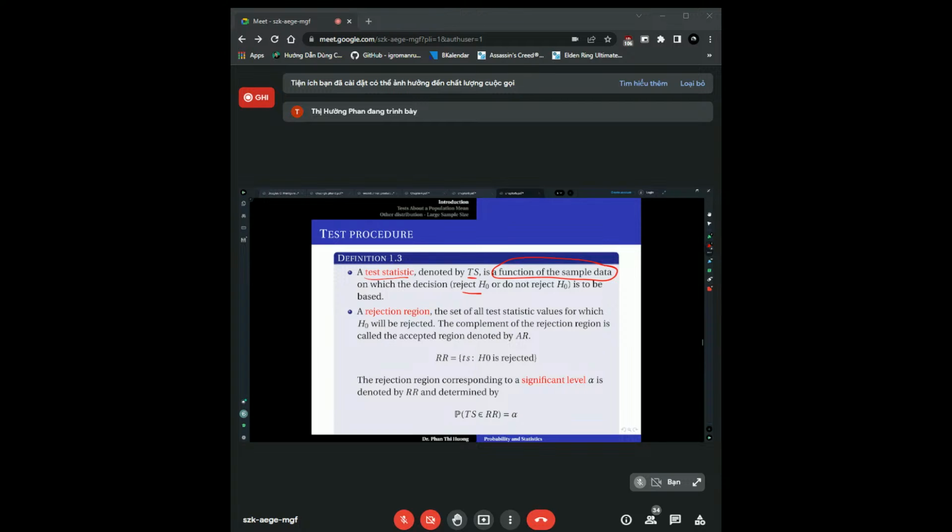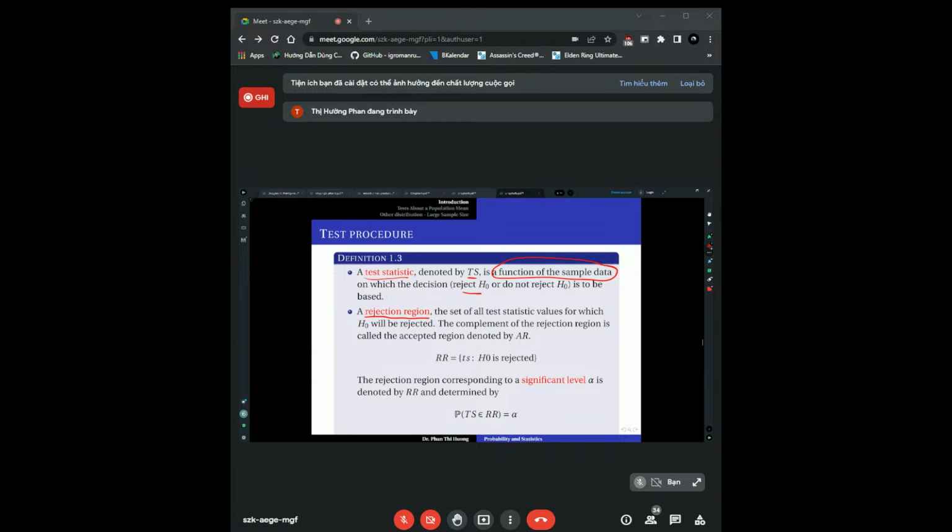So we define the rejection region. The rejection region is just a real interval.